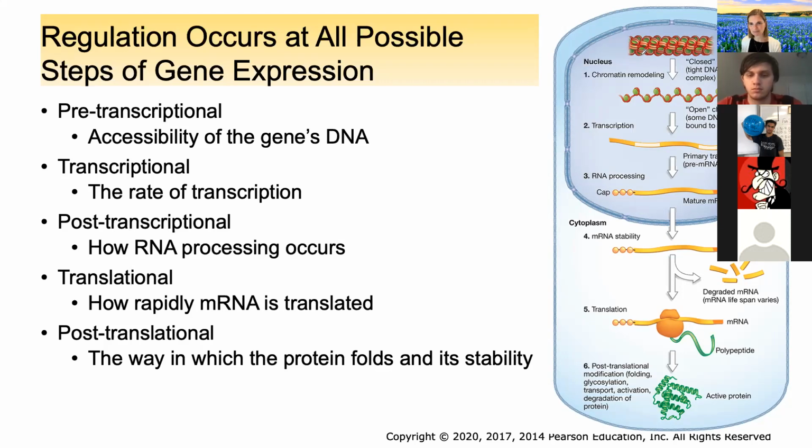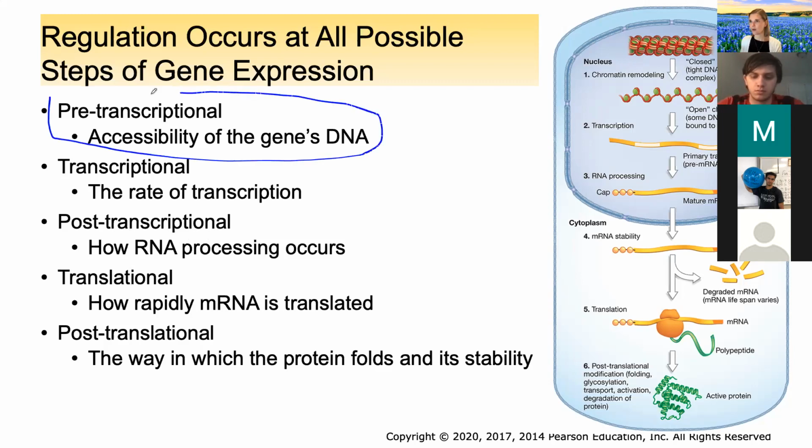I bet the pre-transcriptional or the post-transcriptional. Yeah, great guess, Michaela. Definitely this pre-transcriptional area is going to be an area where we see it, and possibly in the post-transcriptional too. But this is going to be an area where we're going to see a lot of control over the gene expression.